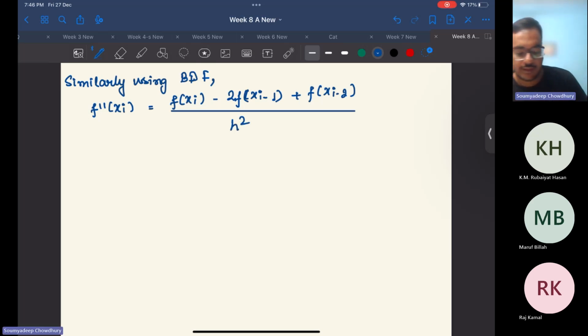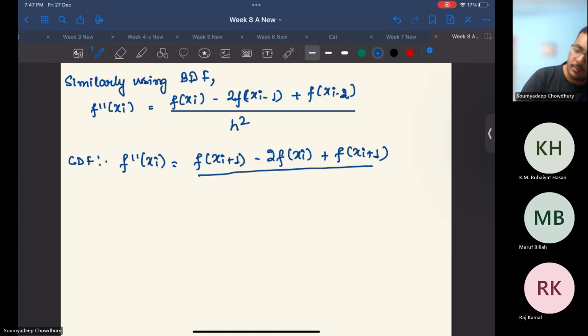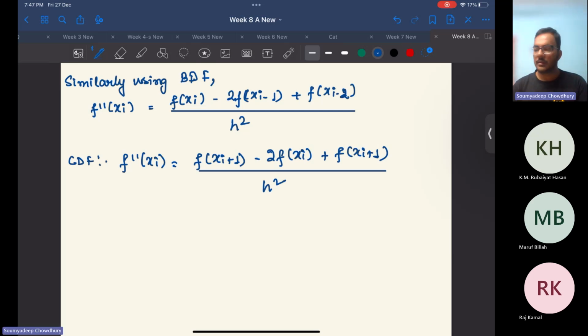So this involves xi, one step backward xi minus 1, and one step further backward xi minus 2. Similarly, from central difference, f double dash xi will be f of xi plus 1 minus 2f of xi plus f of xi minus 1 upon h square. So these are the equations.